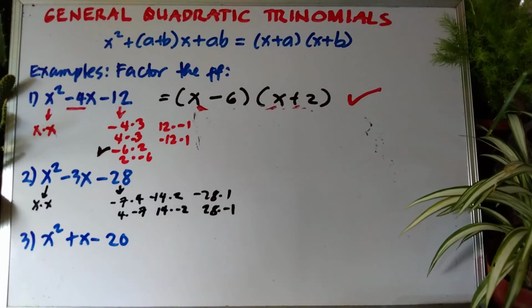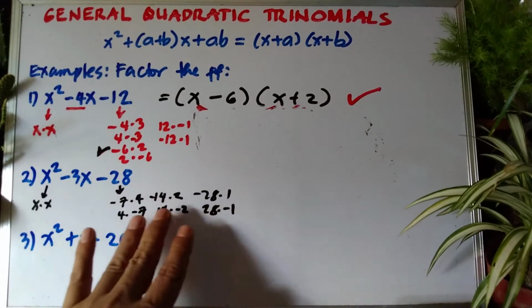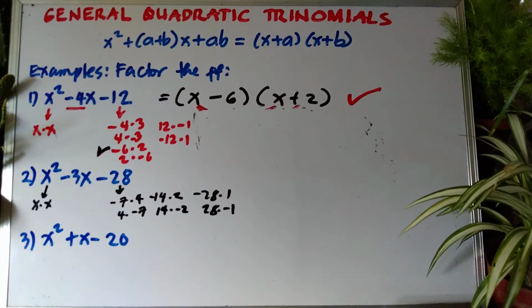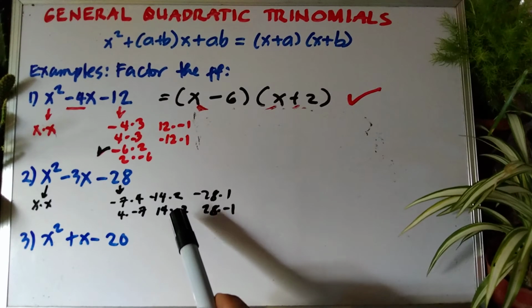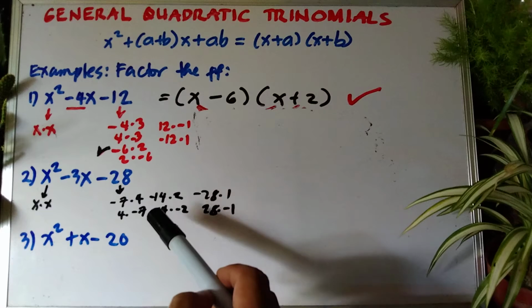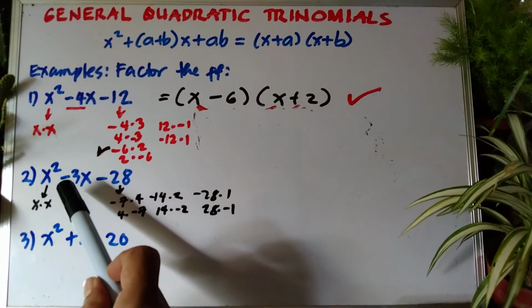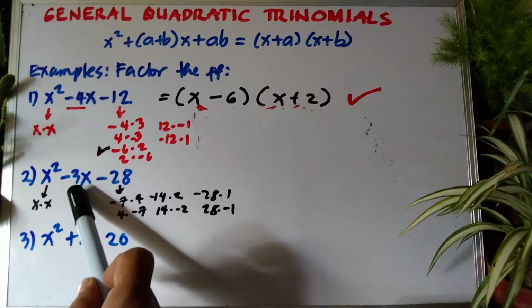Okay. Now, makikita nyo ito yung mga possible factors ng negative 28. So, ang isipin nyo lang at ang gawin nyo lang is hanapin yung factors dito na pwede nating gamitin sa answer, at kapag i-add natin or i-combine natin, makukuha natin si negative 3.